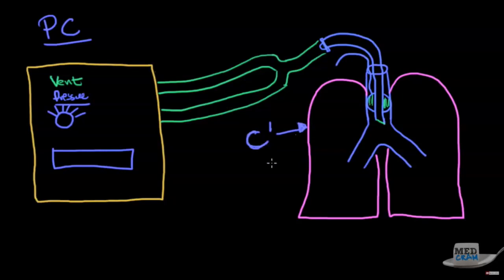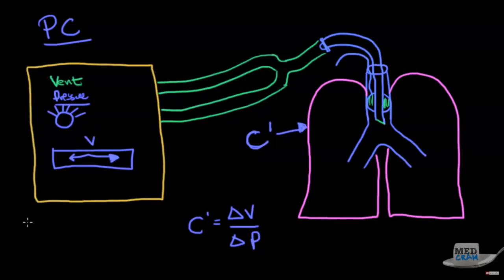And if we set a certain pressure, if the compliance of this lung is very low, then you can imagine we're going to have lower volumes. However, if the compliance of this lung is very high, then we're going to have higher volumes. Because remember, compliance is equal to the change in volume over the change in pressure.